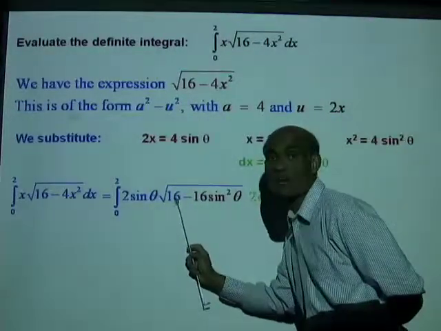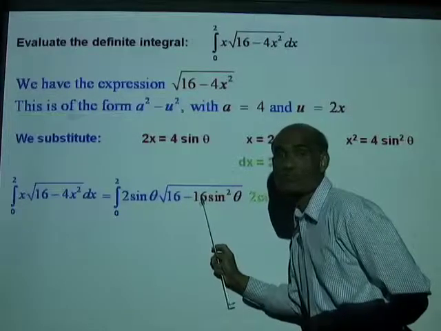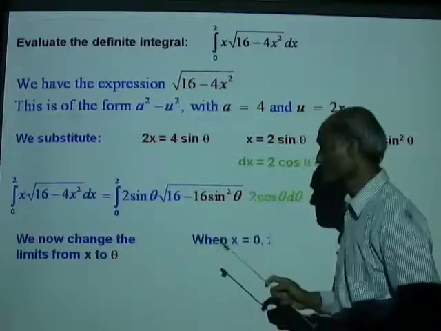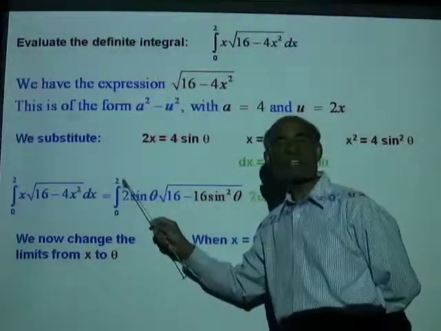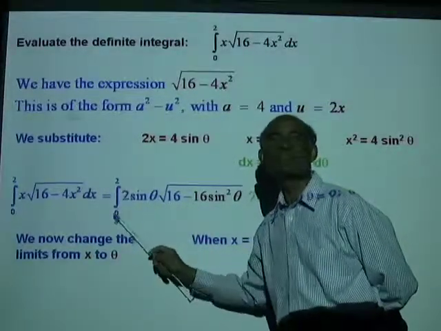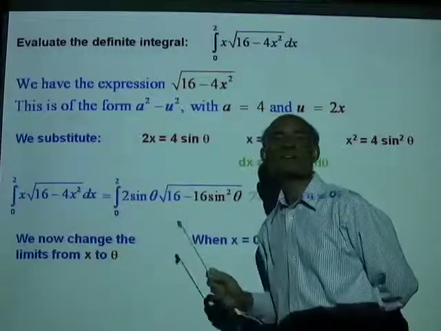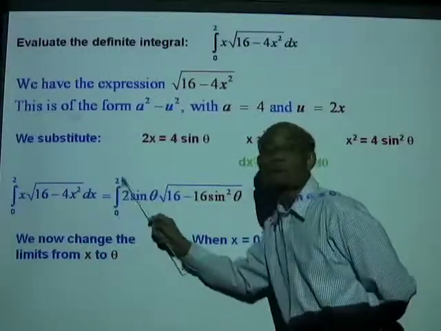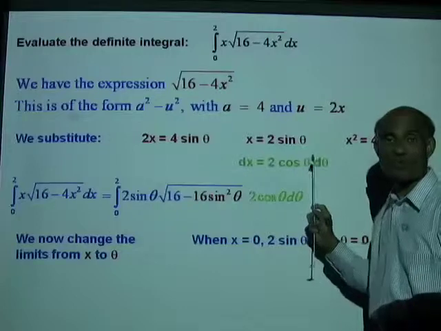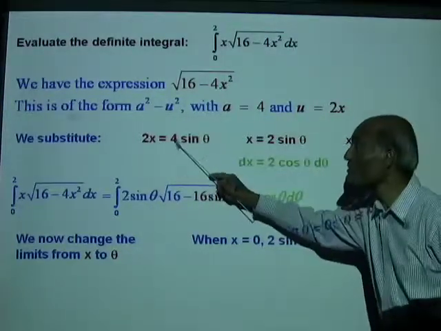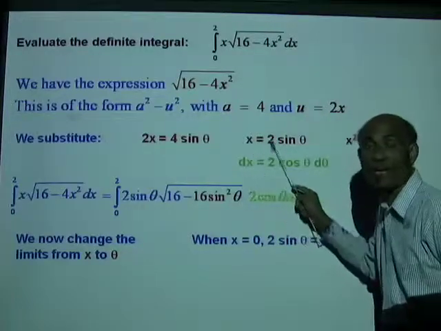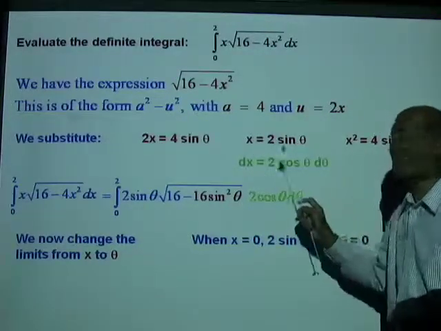Simplify this. Inside the square root we can factor out 16. Well, before we do that, because this is a definite integral, we need to replace the limits using our substitution. What is our substitution? Our substitution is 2x equals 4 sine theta, or x equals 2 sine theta.